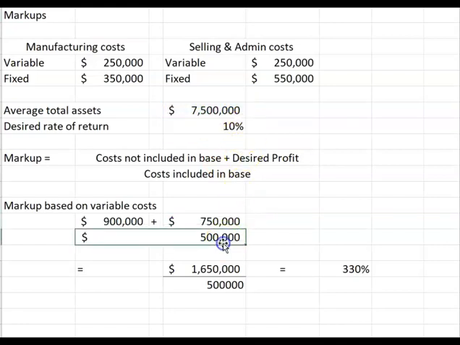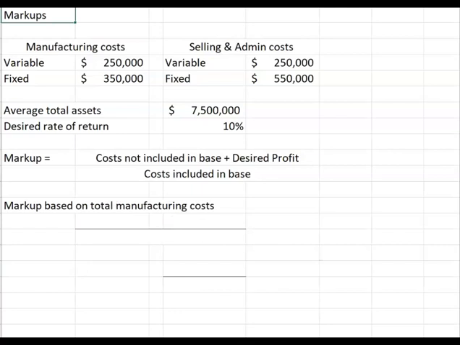And then we're going to divide that by the costs included in the base, which are the variable costs, the 250 manufacturing and the 250 variable selling. So add together the costs not included in the base, the fixed cost and the desired profit, and then we're going to divide that by the 500,000 variable costs, and we arrive at a markup percentage of 330,000.